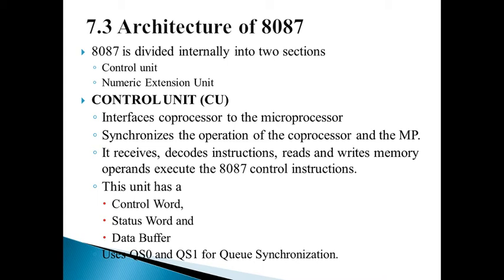These are the ways we can differentiate between the instructions of 8086 and 8087. Once the CPU, the 8086, recognizes the escape code, it triggers the execution of numeric processor instructions in 8087. If not, it means a normal instruction like add or multiplication is there, then the microprocessor 8086 executes it by itself.